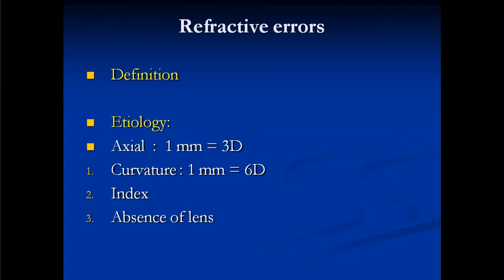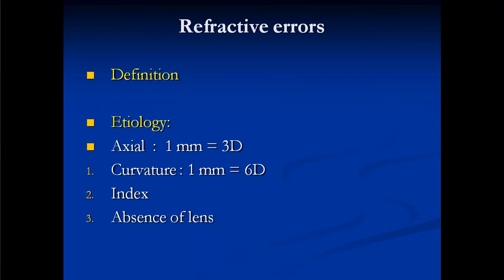Here you can see a difference of 1 millimeter in the axial length results in 3 diopters of refractive error. Similarly, for the curvature of the cornea, if the curvature differs by 1 millimeter, then there will be 6 diopters of defect.